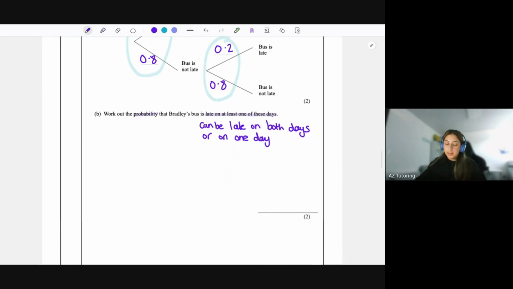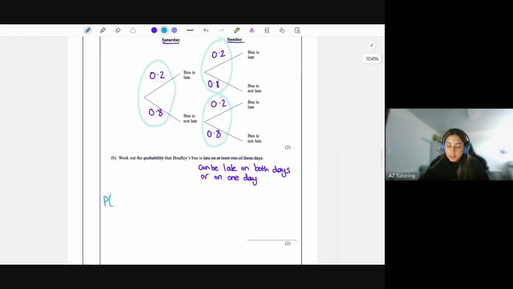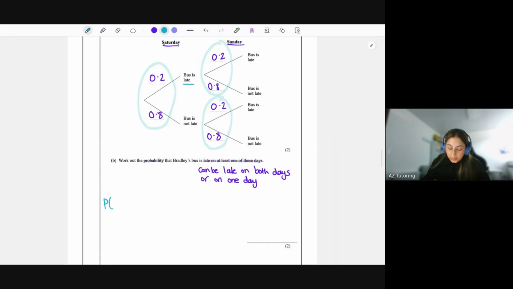So how you write this is, the probability will be either on Saturday the bus is going to be late, and it's going to be late. Or the probability is it's going to be late, or it's not going to be late. So I'm going to write late and not late.